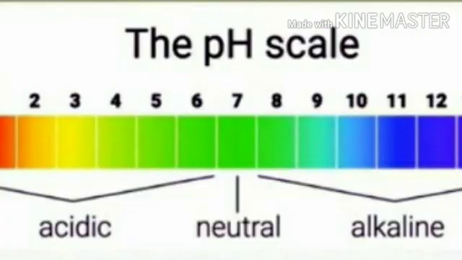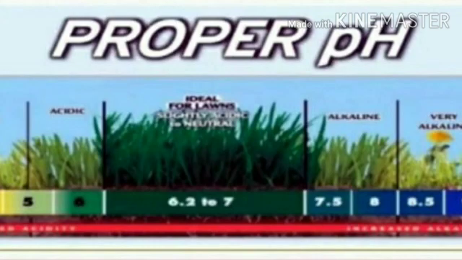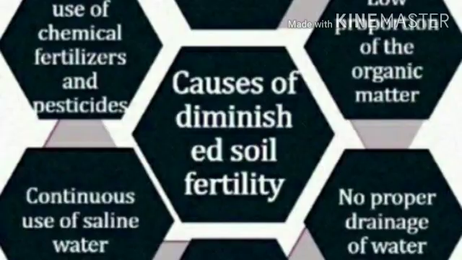According to this, soil may be found to be one of three types: acidic soil, pH less than 6.5; neutral soil, pH 6.5 to 7.5; alkaline soil, pH higher than 7.5.